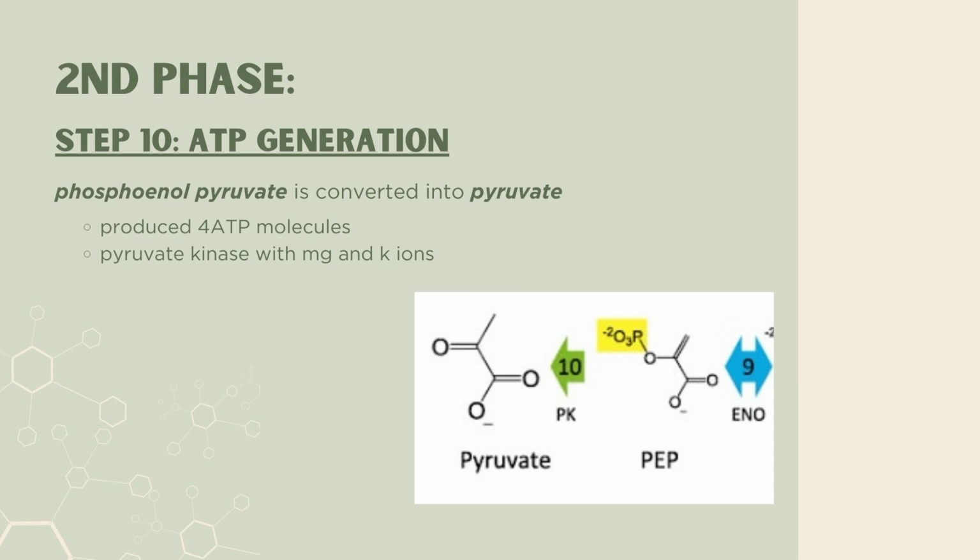The phosphate group that we've lost was transferred to 2 ADP molecules to produce 2 ATP molecules. As stated earlier, everything is multiplied by 2, which is why we have 2 ADP molecules converted to 2 ATP molecules. Thus, overall in this phase, we have generated 4 ATP molecules.